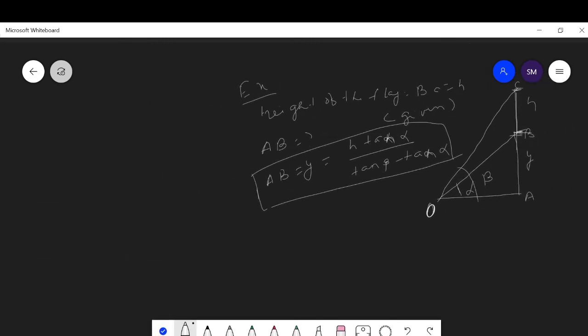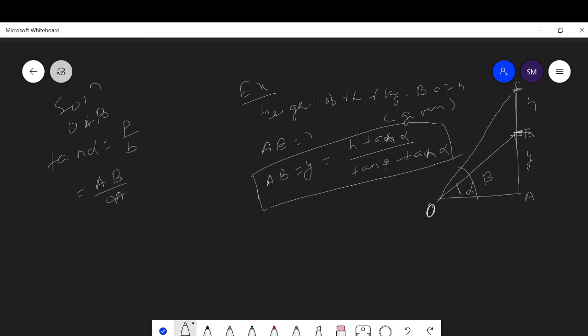Here consider the triangle OAB. As we know, taking the tangent of alpha, tan alpha is perpendicular upon base, which is equal to AB upon OA.